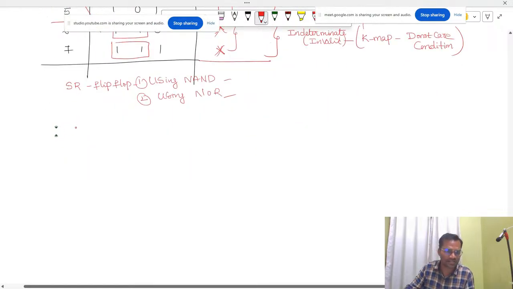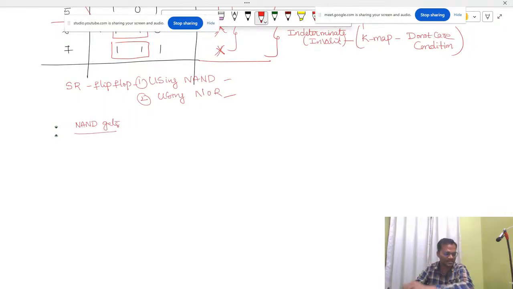So first, SR flip-flop using NAND gates. This is very important. Let us take one input, perform negation, and get one output.